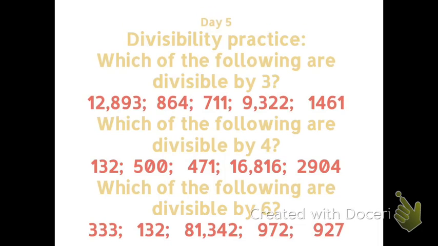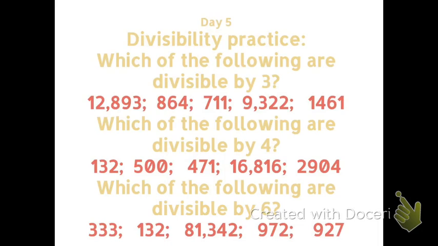Because look, if I asked you to tell me if this was divisible by 3, and you had to work it out, that would take you a little while, right? It's a lot of steps. There's a lot of dividing going on. But if I just say, add up those digits, and if that number is divisible by 3, then the whole number is divisible by 3. That's a shortcut.